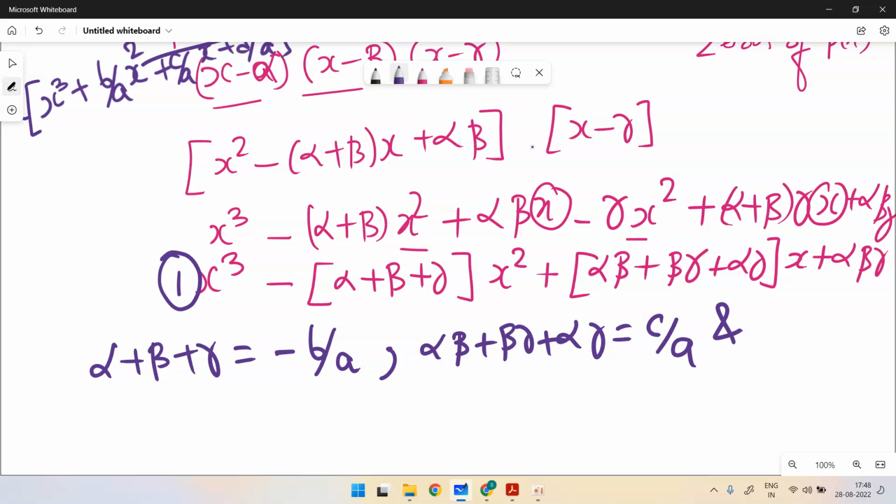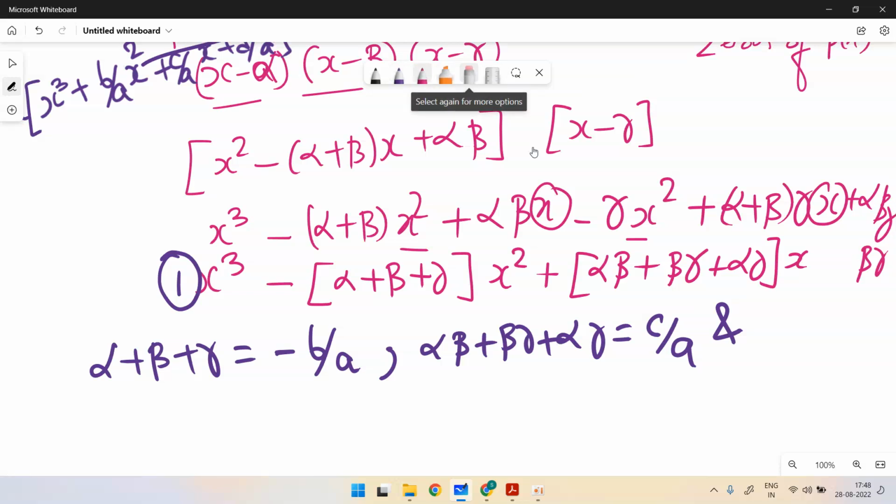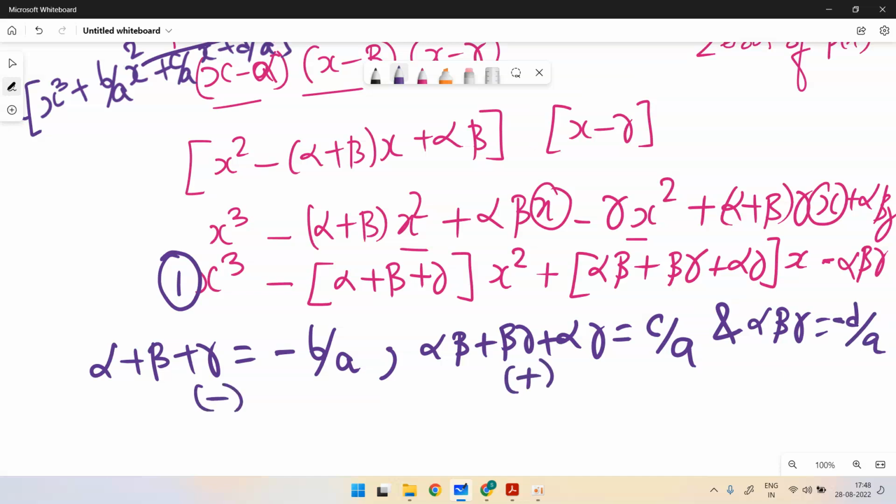Here it will be a minus sign, so minus alpha beta gamma equals d by a, so alpha beta gamma equals minus d by a. So the sum of zeros is minus b by a, the product of zeros is minus d by a, and the sum of products of zeros taken two at a time is c by a.